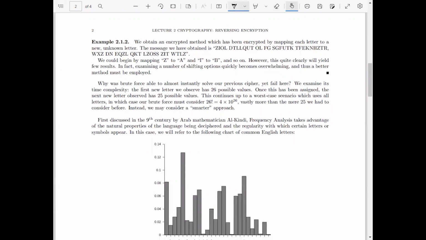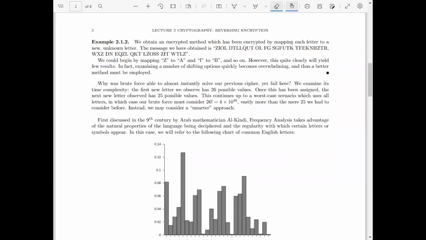So let's start with that first letter. That first letter is Z. Well, we can map that to A, and then I we can map to B, and then O, and so on. However, as you can see, this is not going to get us a lot of results. And in fact, it's going to very quickly return a lot of results that aren't valid.